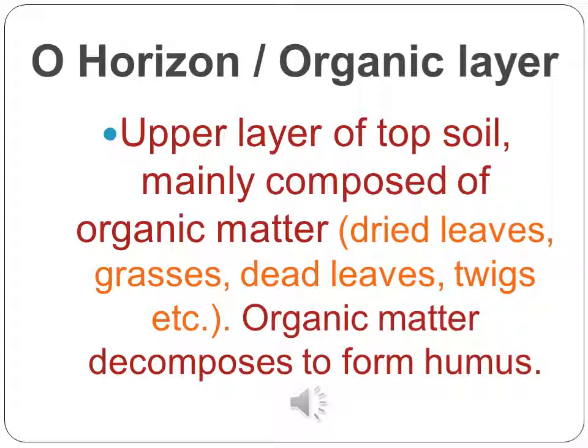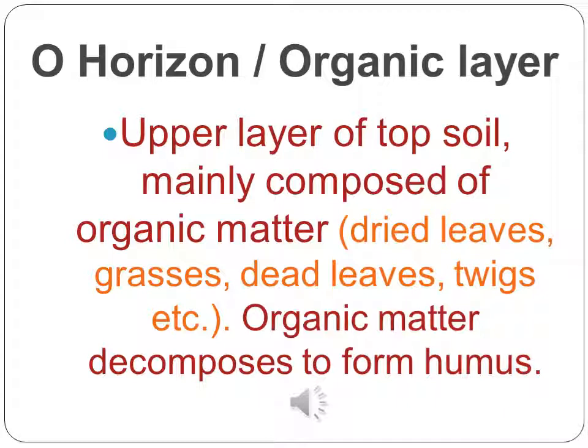The organic matter like dried leaves, grasses, dead leaves, twigs, surface organisms, fallen leaves and other organic matter, after decomposing or decaying, changes into humus.